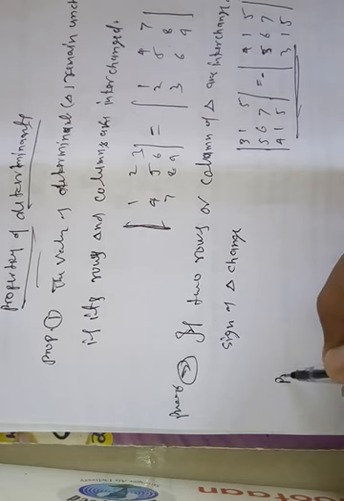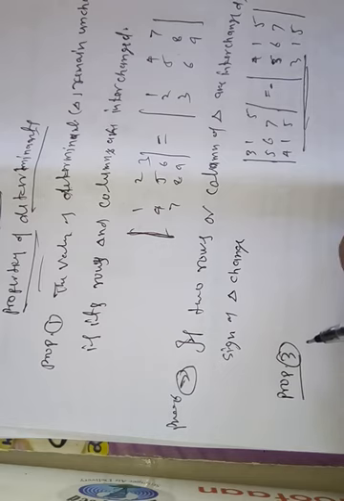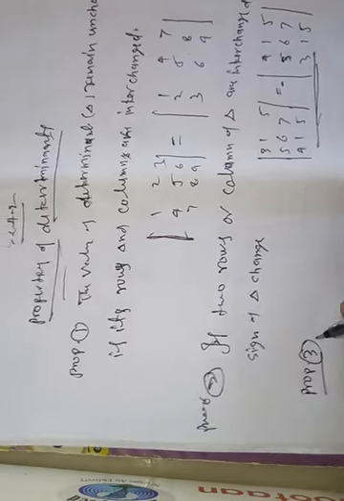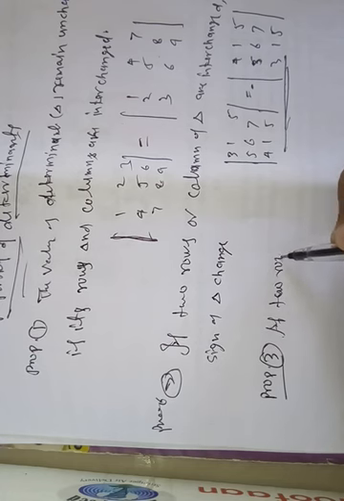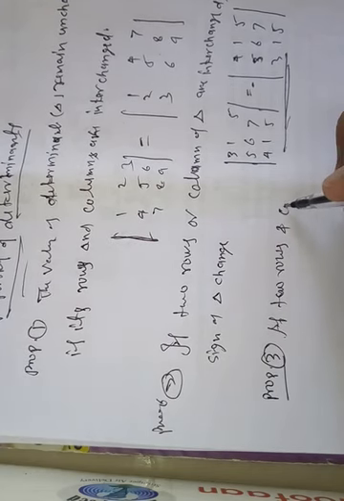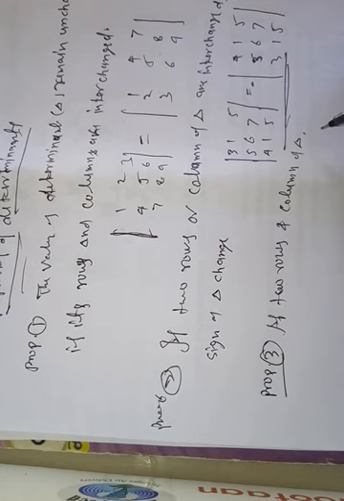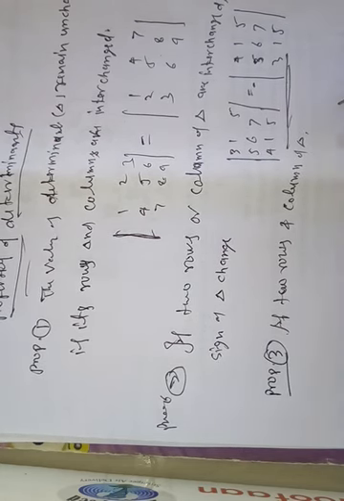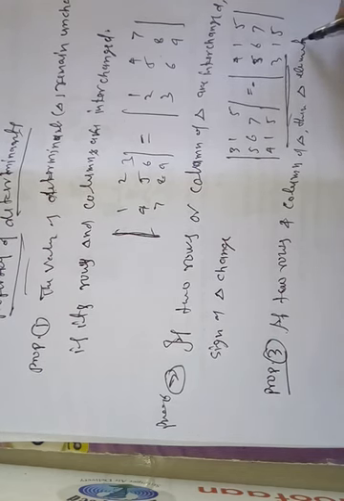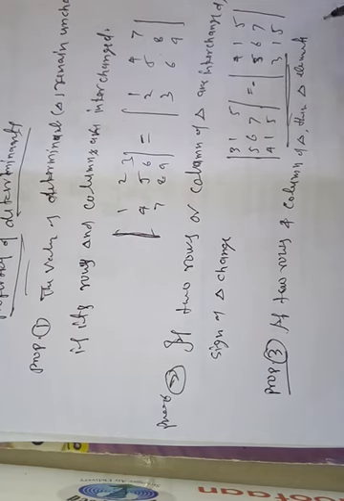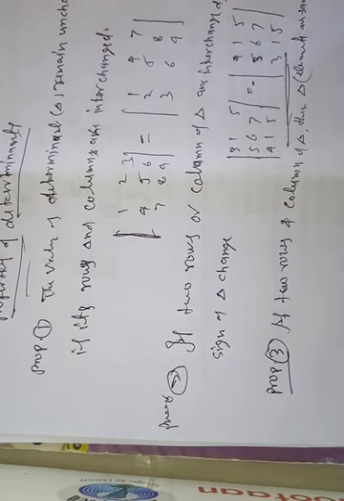Property number 3, an important property: if any two rows or columns of a determinant have the same elements, then the value of the determinant is 0.